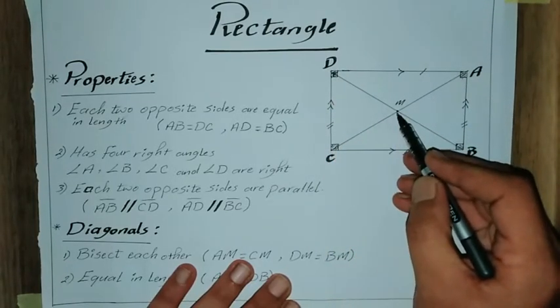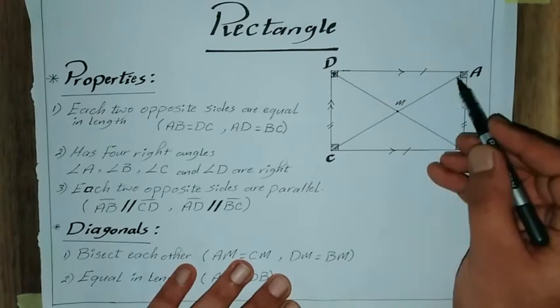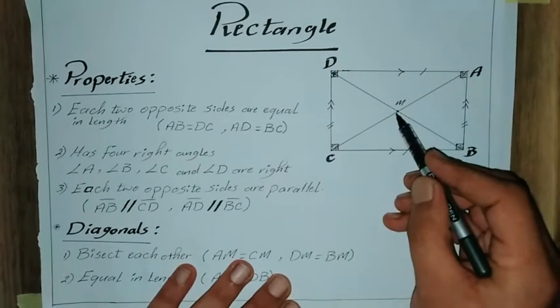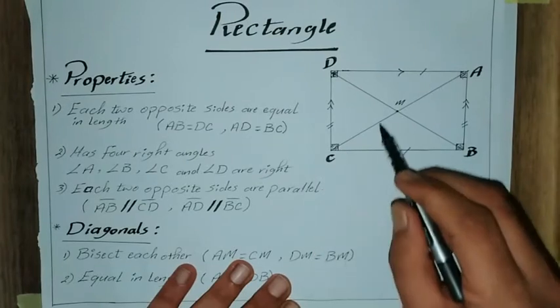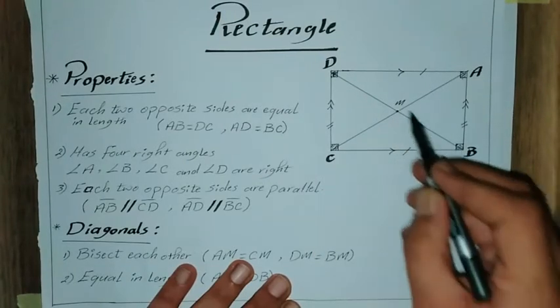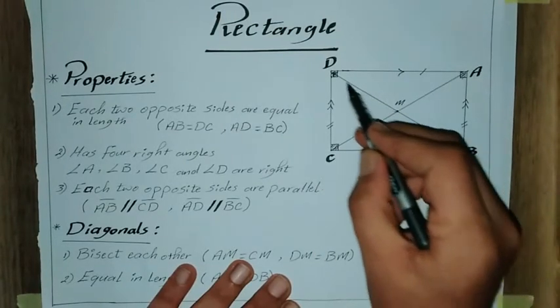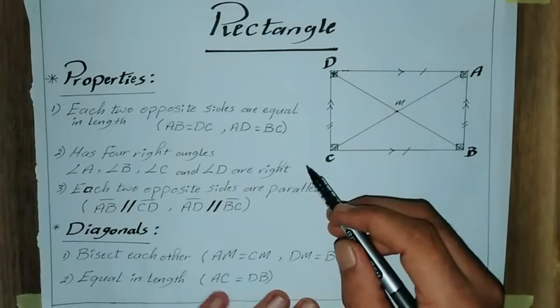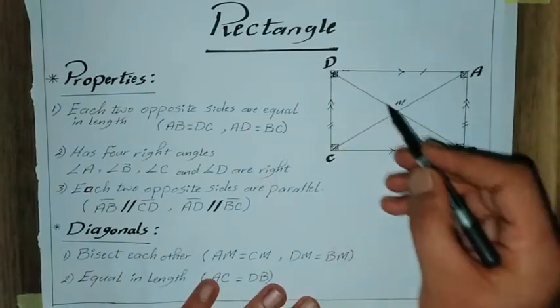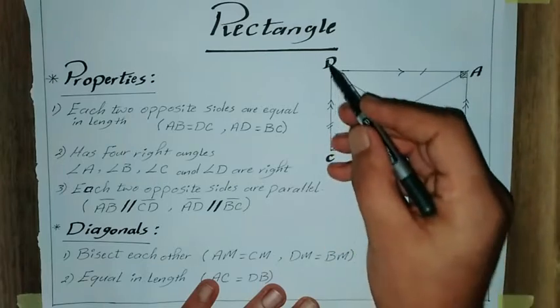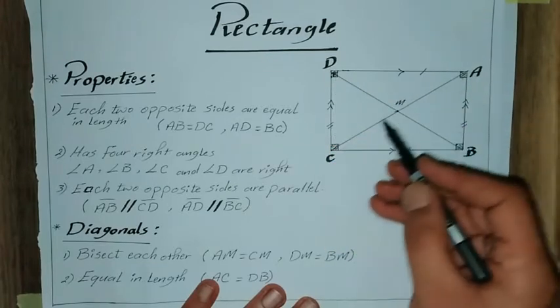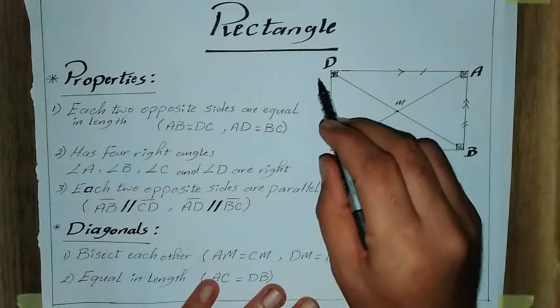Bisect means the length of MA is equal to the length of MC and the length of MB is equal to the length of MD. And also the diagonals are equal in length. The length of AC is equal to the length of DB.